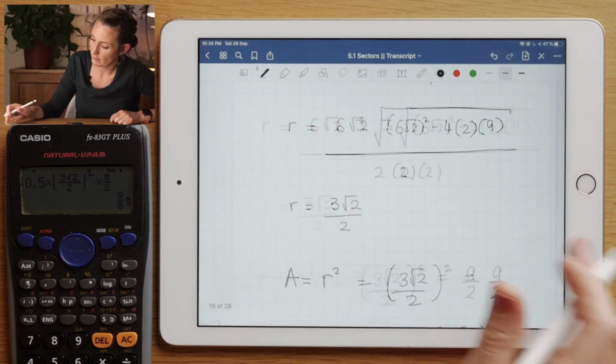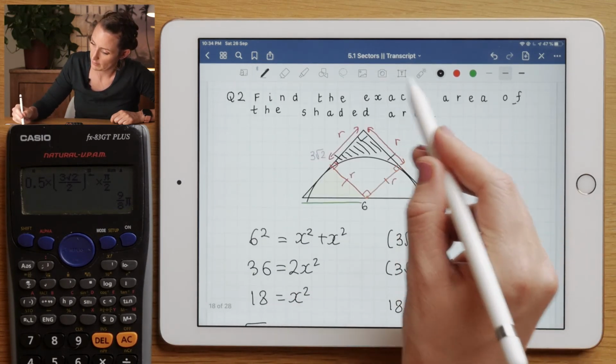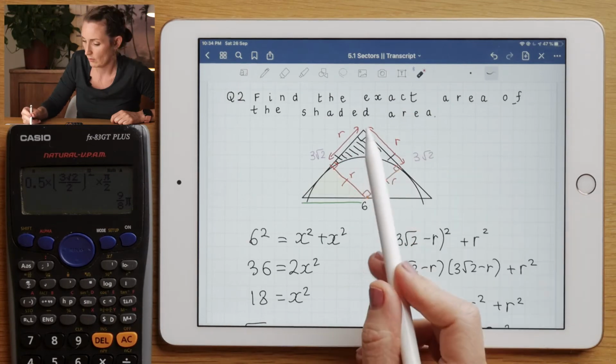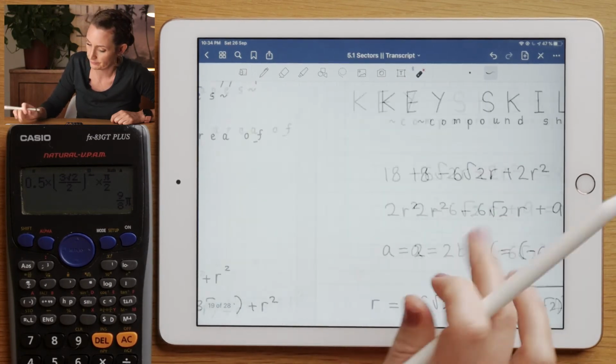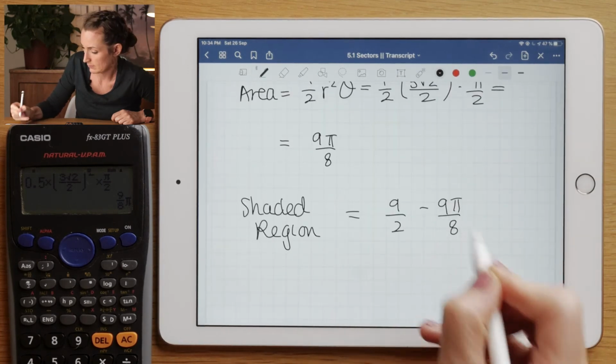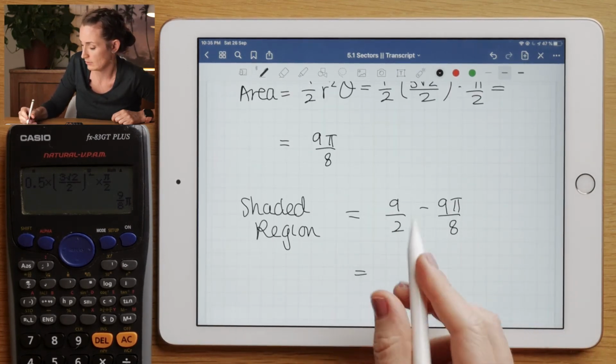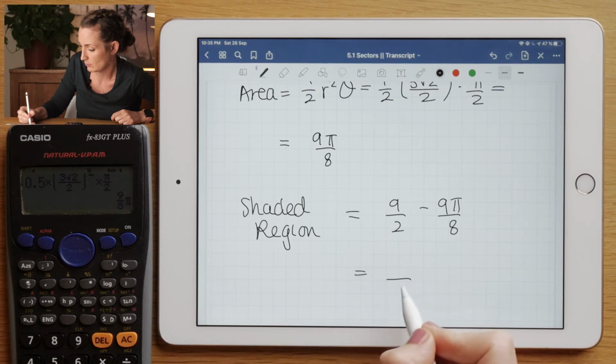So that's the area of the whole sector. So that would be the area of this sector. All we have to do is do 9 over 2, which is the whole thing, and subtract the sector. A common denominator of 8, so times by 4.